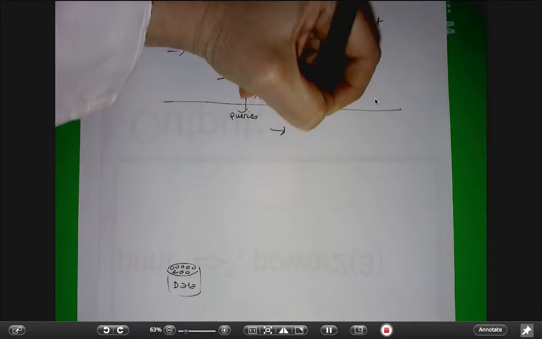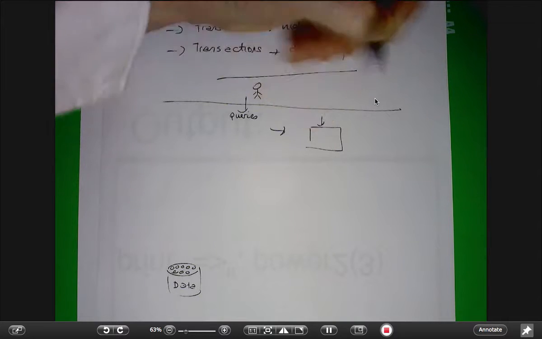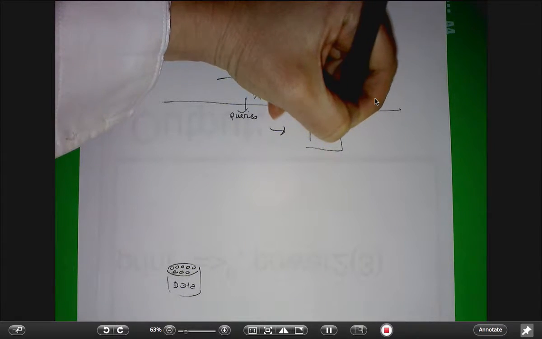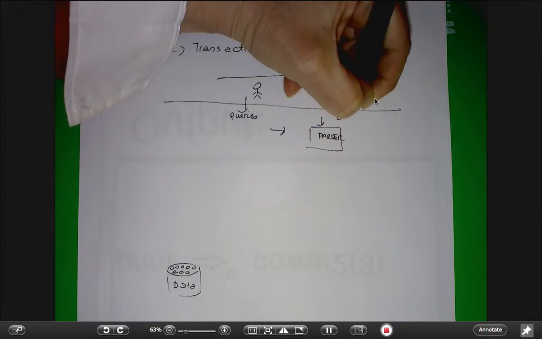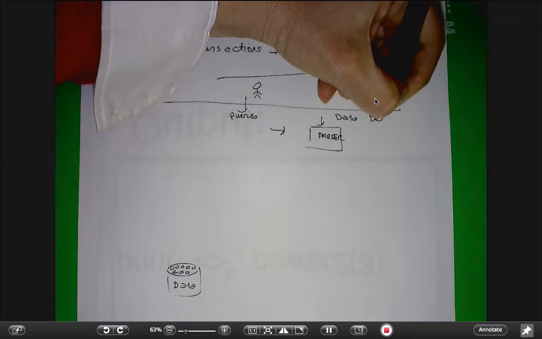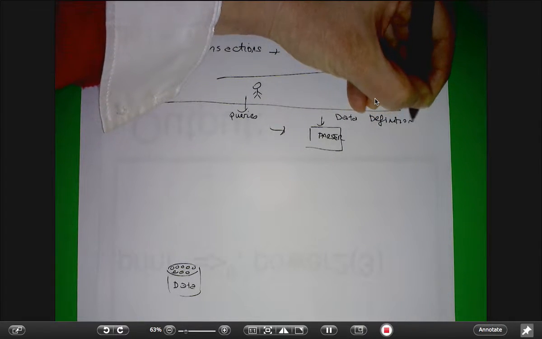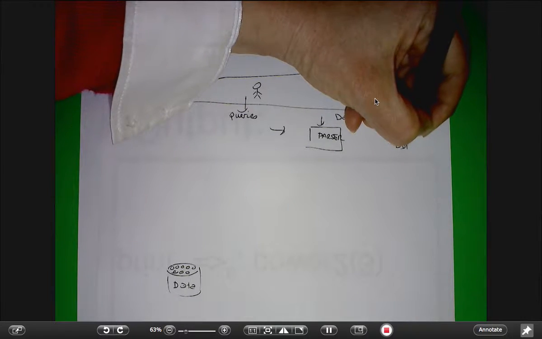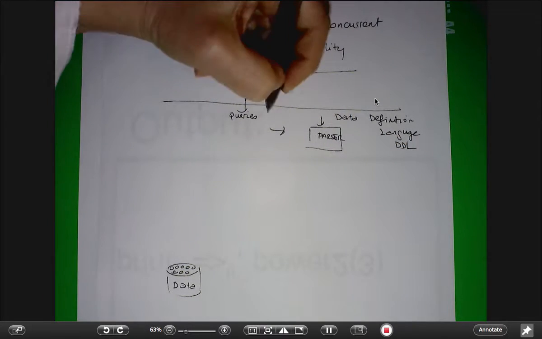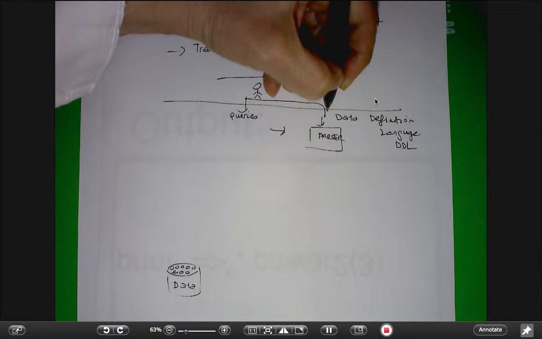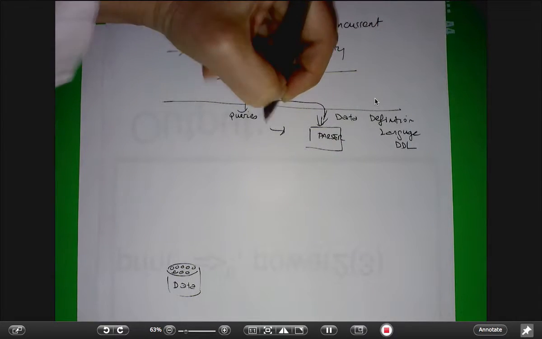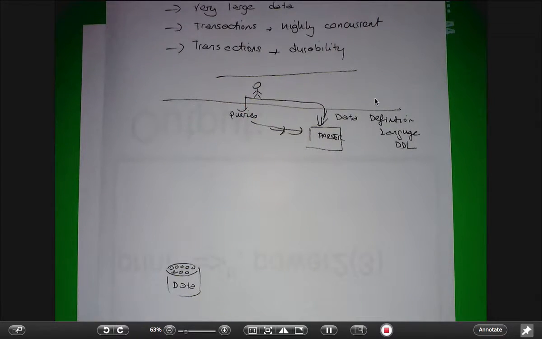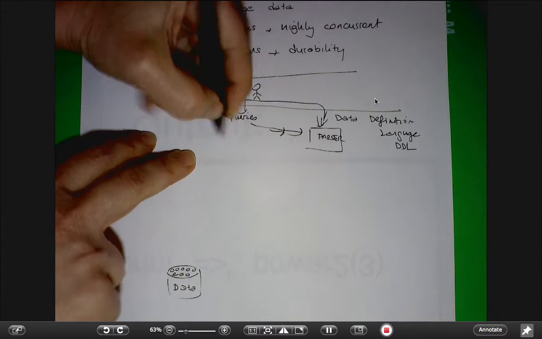That is generally called data definition language, or DDL. Or it could be queries that are generally called data manipulation language.